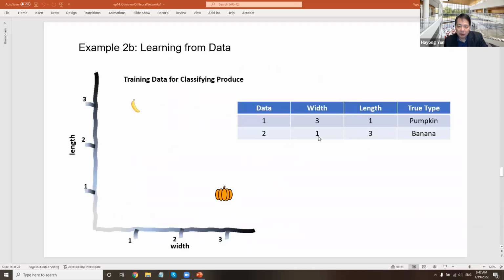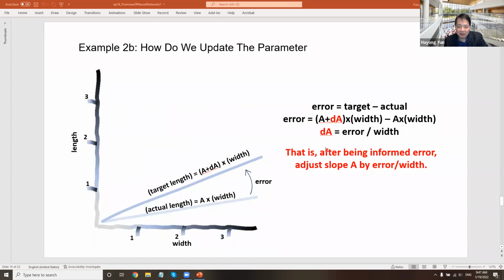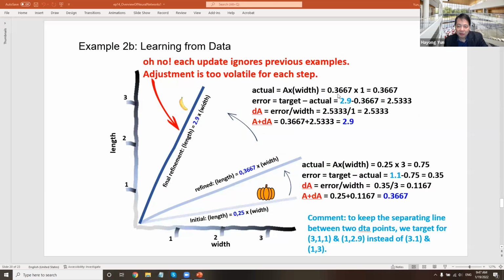The next data point was 1.3, it's a banana. So here we have 0.36. The prediction is 0.36 times width. The banana had a width of 1, so we predict 0.36. And the target is, again, the banana is 1.3, but we want it above the line to be a banana, so we push it slightly down.